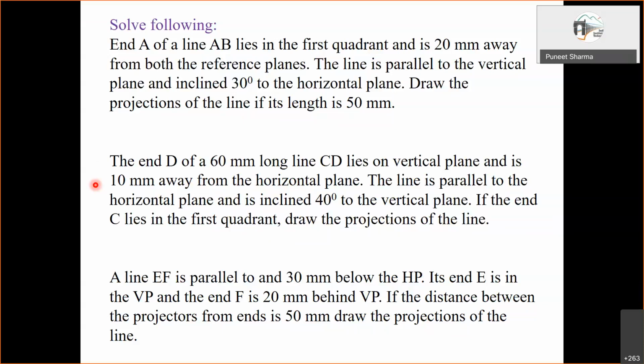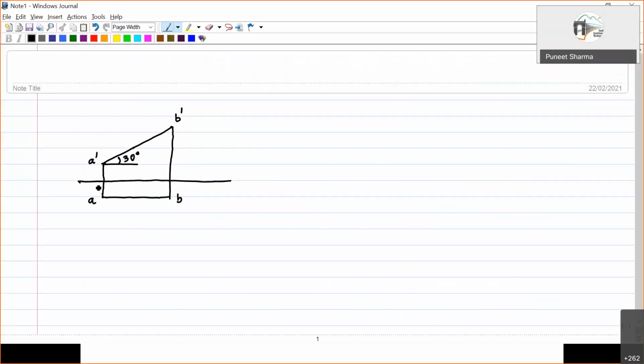Okay. So first of all, I'll locate D, and thereafter using this 60 mm condition and 40-degree inclination with the vertical plane, I'll draw the top view. There is also a case possible, maybe that we can consider separately.